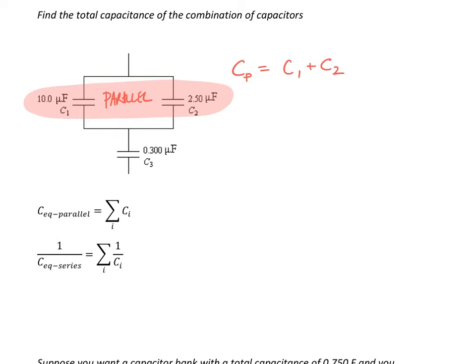All right, and so 10 micro plus 2.5 micro, this isn't any rocket surgery, we're going to have 12.5 microfarads. In the video I talk about this, your book would tell you parallel capacitance is simple addition of the capacitance. We'll find that series capacitance adds in a reciprocal fashion, 1 over this plus 1 over that equals 1 over the whole.